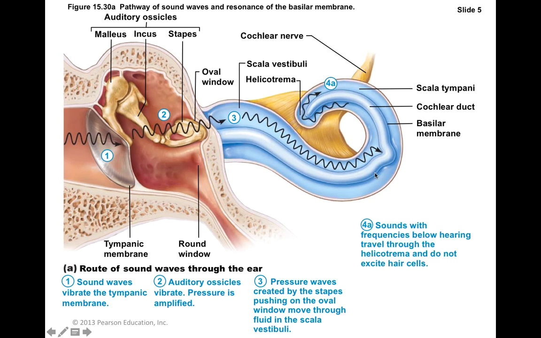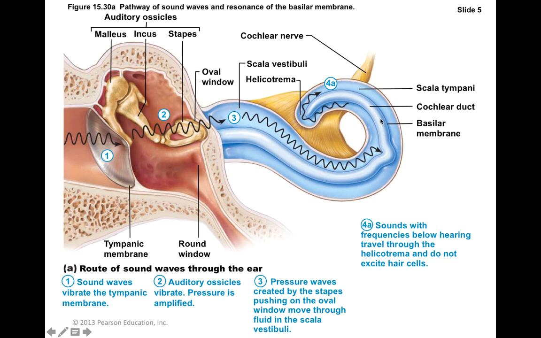Now, if something is so low pitched that we can't hear it, it's below our level, it's going to travel through the scala vestibuli all the way down, and then it's going to go around what's called the helicotrema. It basically makes a U-turn and comes all the way out the scala tympani into the round window and equalizes, having never crossed into the cochlear duct.